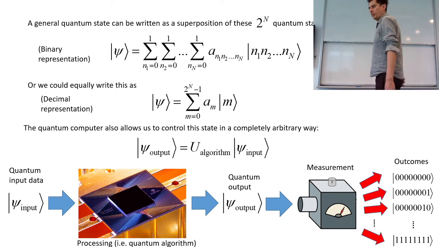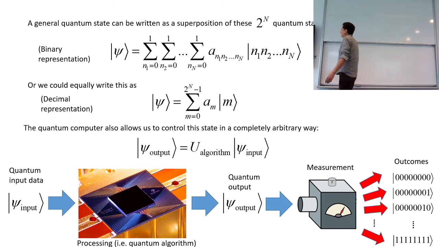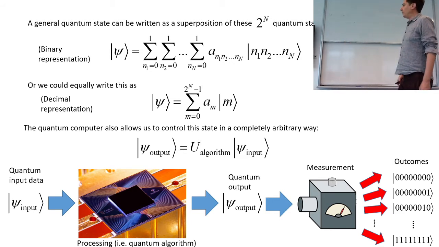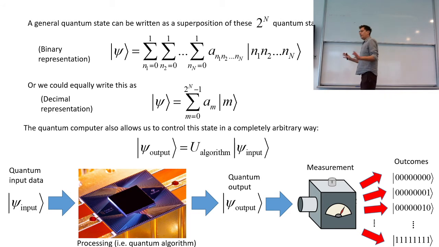Each of those can be some complex number, as we're all familiar with now. I could write it like this, where this n is just 0 or 1, so these are all different combinations. Or I could just label this whole state as that decimal number from 0 to 255 in the case of 8 qubits. So we can think of our quantum computer at any given point in time to have this state stored in the quantum computer.